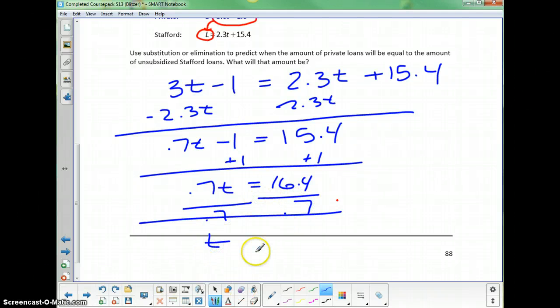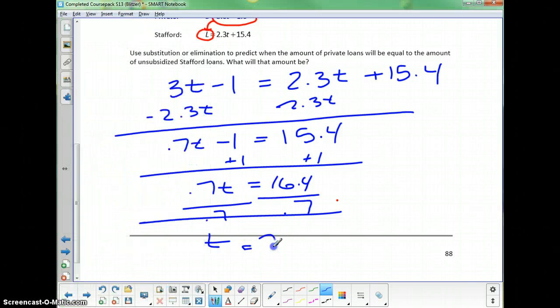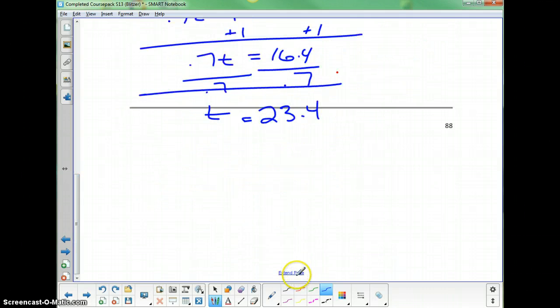So t equals 16.4 divided by 0.7, 23.4, we'll say. All right, so that's only part of it. Remember, I need to find the L value also.